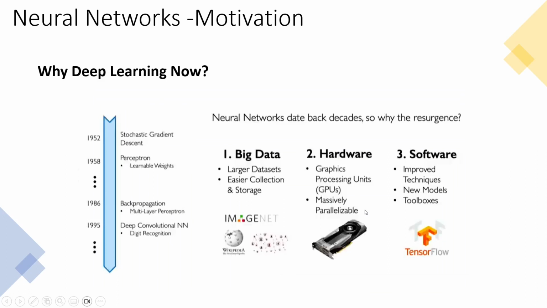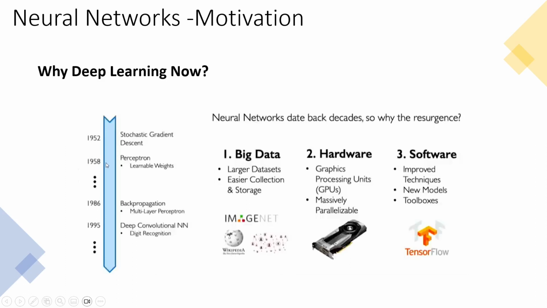Okay, so if deep learning is so good, why didn't we use neural networks beforehand, people may ask. But frankly, people tried to use neural networks, for example, back in the 50s. If you look at this picture, the history of stochastic gradient descent goes back to the 50s, and the concept of the perceptron goes back to the 50s as well.